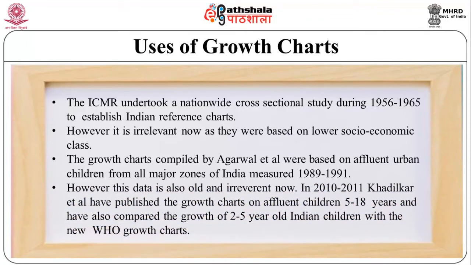However, this data is also old and irrelevant now. In 2010 to 2011, Khadilkar et al. have published the growth charts on affluent children 5 to 18 years of age and have also compared the growth of 2 to 5-year-old Indian children with the new WHO growth charts.